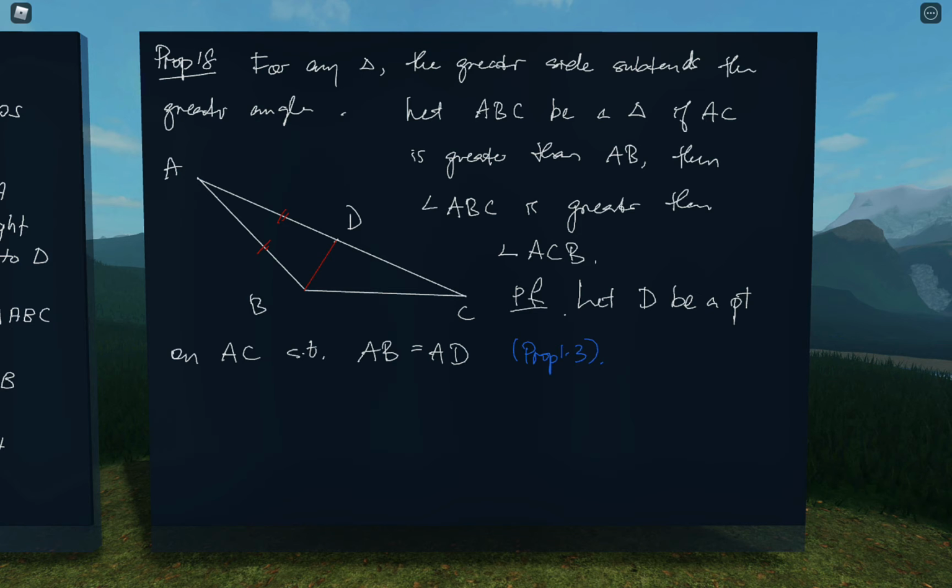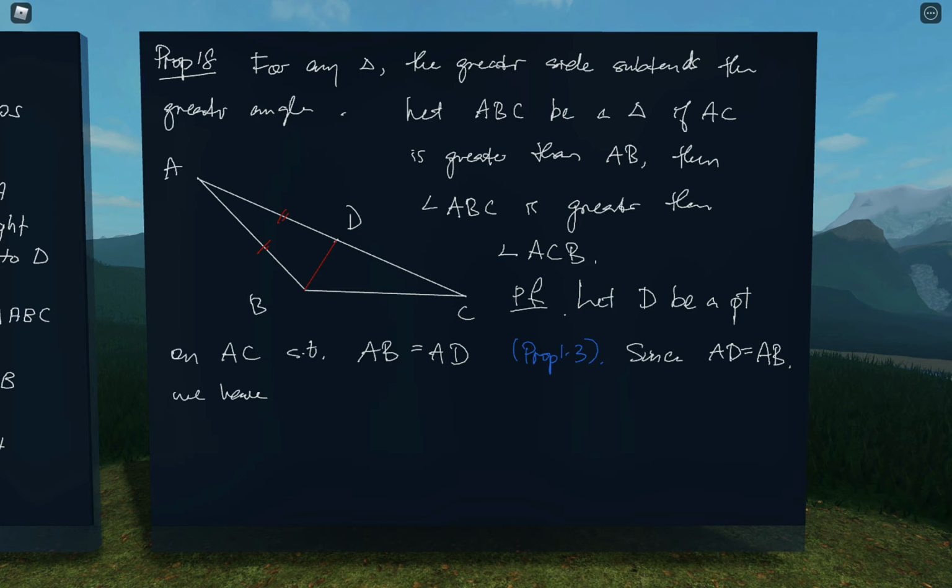So now we have an isosceles triangle here. Since AD is equal to AB by construction, we have angles ADB.